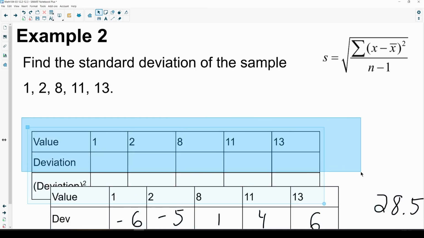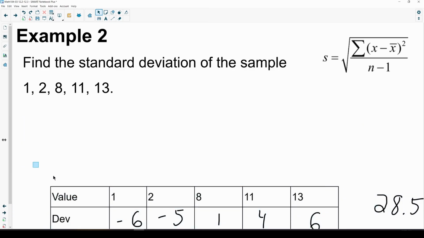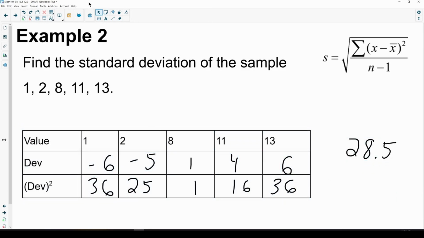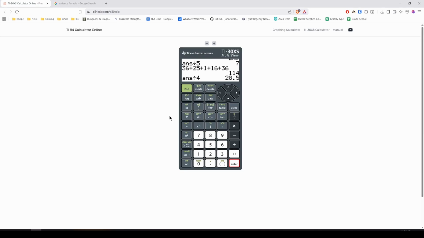Well, if our variance there is 28.5, because we've already calculated that, our standard deviation is equal to the square root of that, which in this case, square root of 28.5 is 5.33.